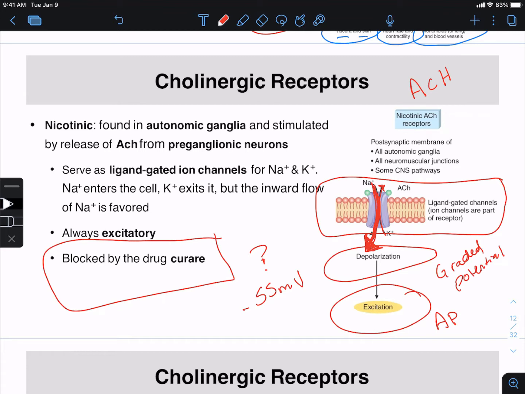Okay, curare will cause paralysis because it blocks these nicotinic receptors. If I don't get activation of the nicotinic receptors, I don't get a graded potential, I don't get action potential in the skeletal muscle, I don't get muscle contraction. But it also works on the autonomic nervous system because it will block the activation of these nicotinic receptors in the preganglionic or in the autonomic ganglion. Okay.